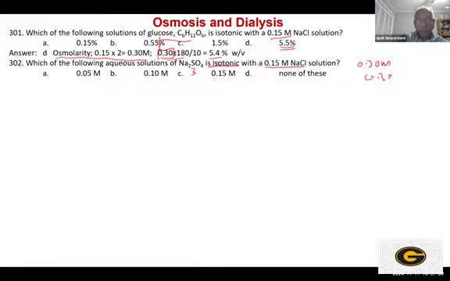This cannot be because it is larger. Probably A, B. How do you calculate this? There's 3 particles. 0.3 is equal to.